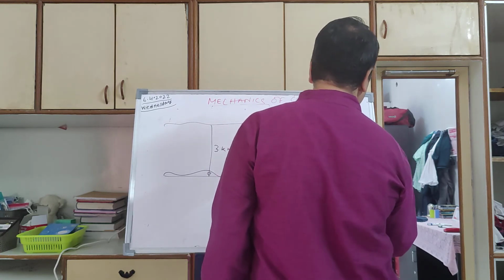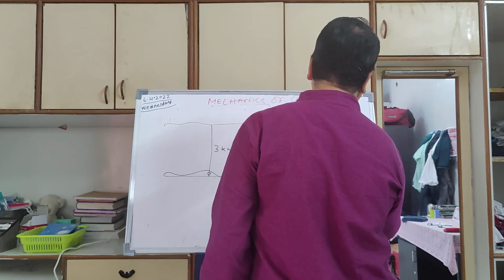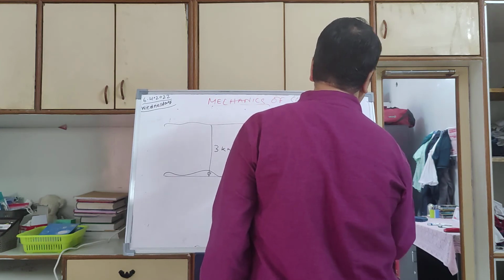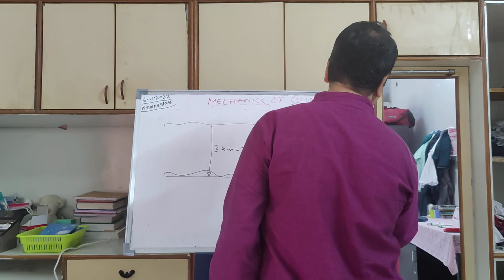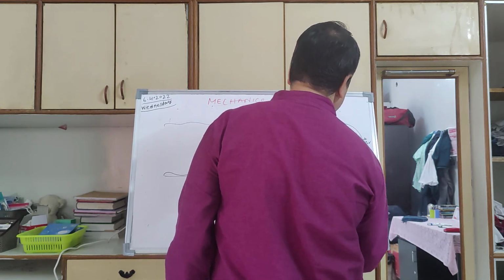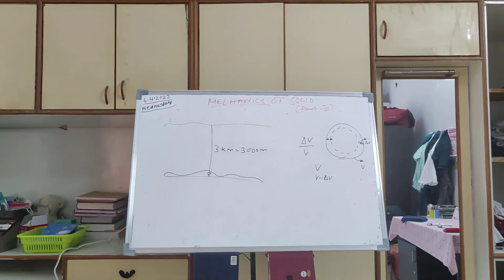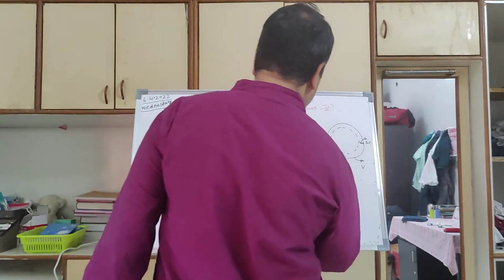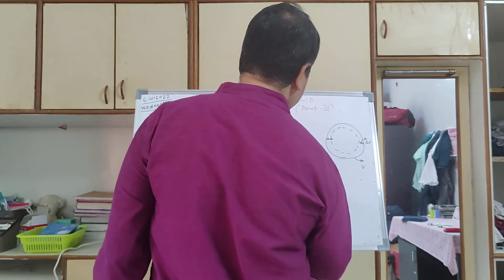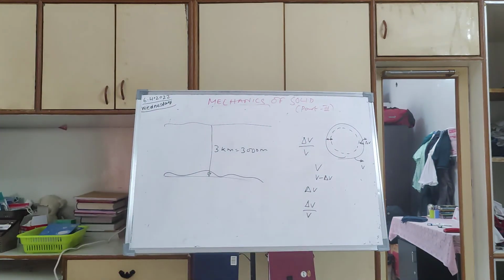So this one is V, and this contraction, if you measure the volume, is delta V. Initial volume is V, final volume is V minus delta V. Compression is delta V, but what is fractional compression? That is a fraction, so delta V by V is the fractional compression.